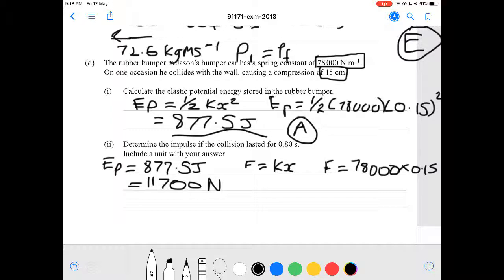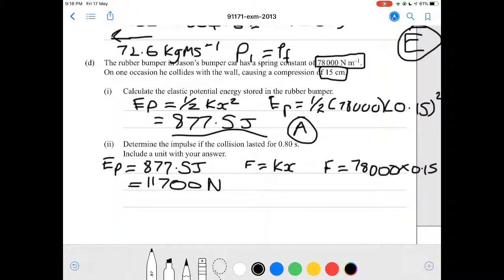If I had 1 newton per meter, I only have to apply 1 newton of force to make the spring stretch 1 meter. If I had 500,000 newtons per meter, I would have to apply a force of 500,000 newtons to compress the spring by 1 meter. So the higher the spring constant, the stiffer it is, and the stiffer it is, the harder it is to move.